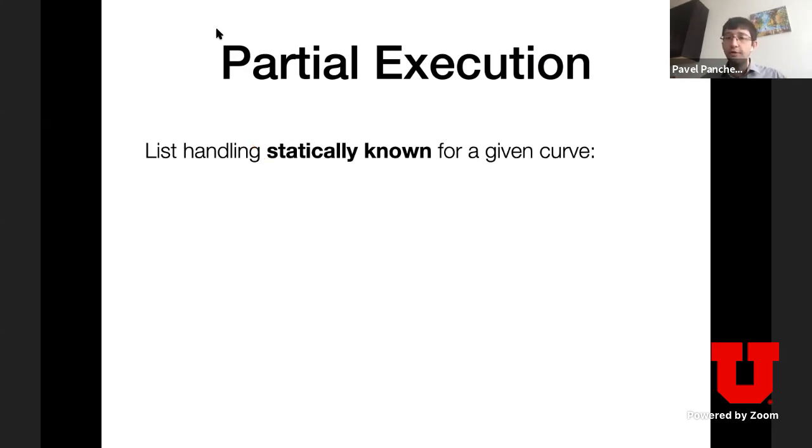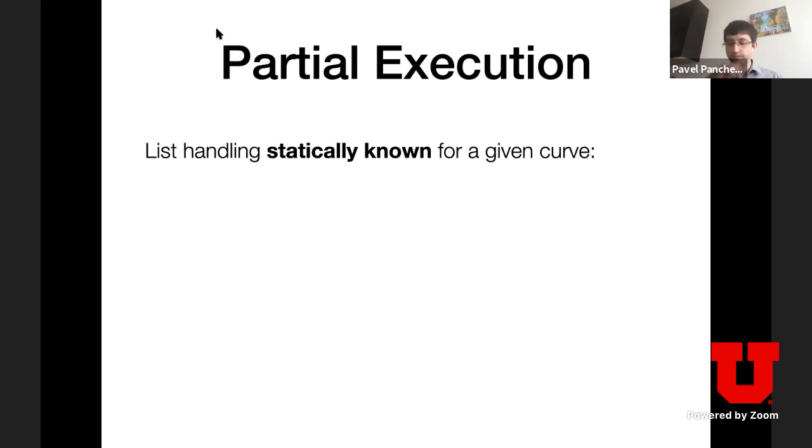Once you know what curve you are applying it to, once you know the prime modulus, you know how many digits there are going to be in the list of digits. And because of that, you know exactly what your list of weighted product form is going to look like. You know the coefficients in each place, you know the order of terms. You can track what gets multiplied by what.